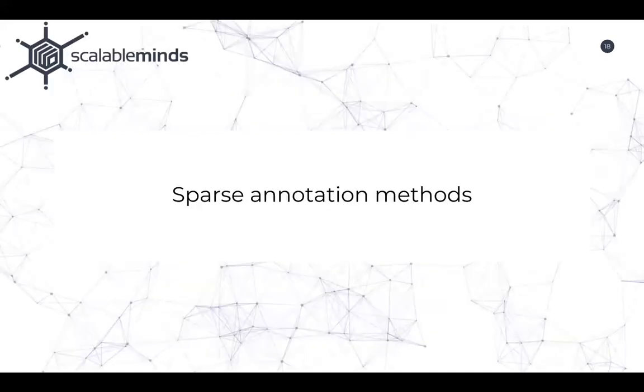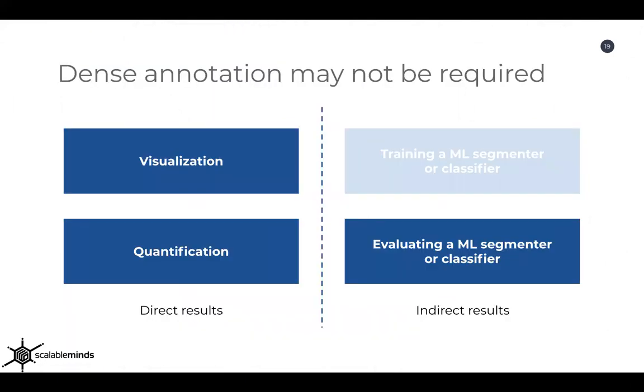So now let's talk a bit about sparse annotation methods, because sparse annotation methods might give you good enough results and are much cheaper and faster to obtain. For example, some visualization tasks you can do with sparse annotations. Think of a density distribution of some nuclei in a data set.